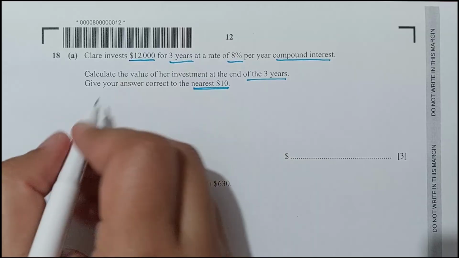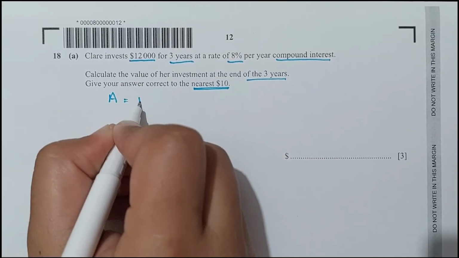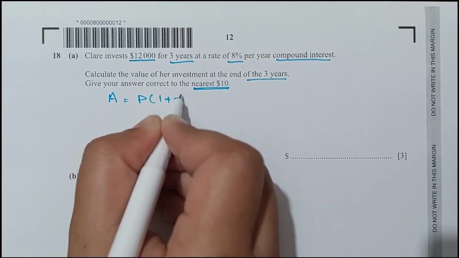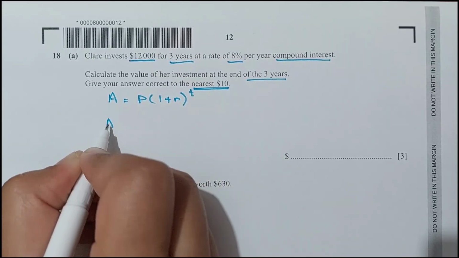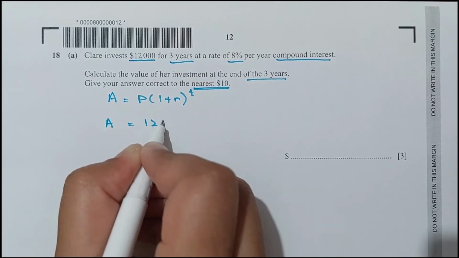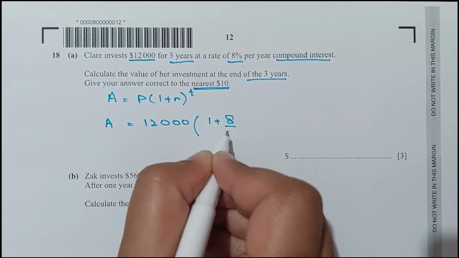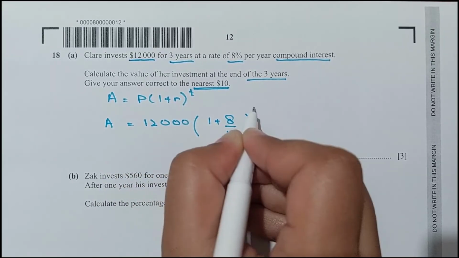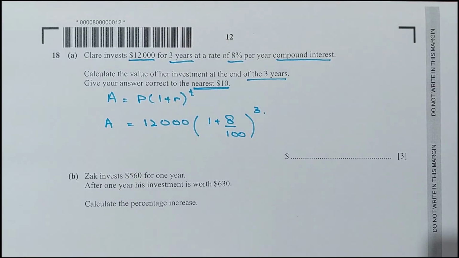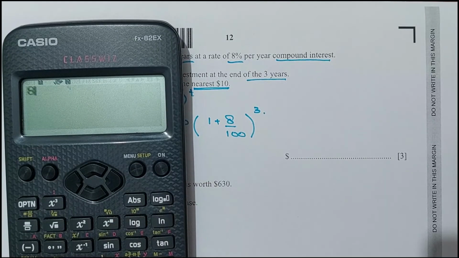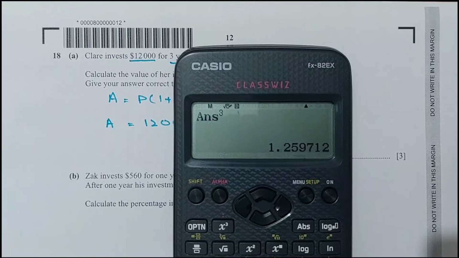So compound interest: A equals P into 1 plus R to the power T. The investment is $12,000, the interest rate is 8%, and the number of years is 3. Just simplify: 8 over 100, add 1, take its power of 3 and multiply it by 12,000.